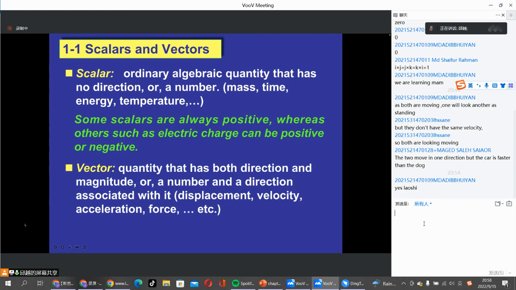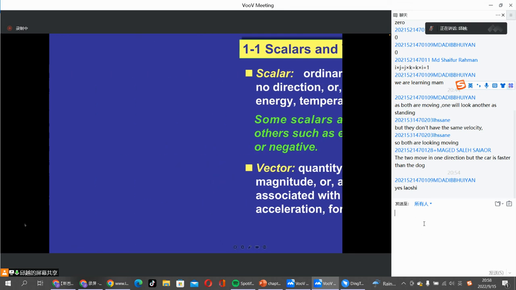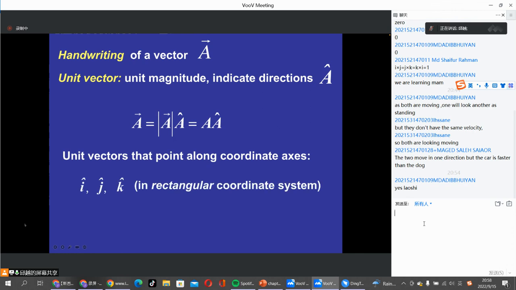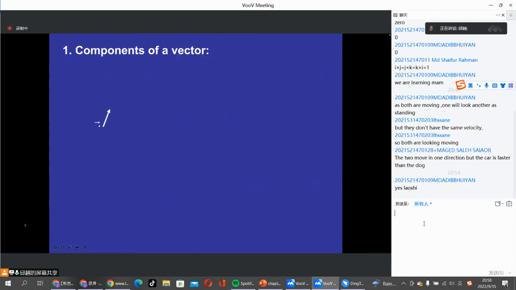Definition of the scalar and the definition of the vector. And then we learned about handwriting of the vector and how to divide a vector into components.